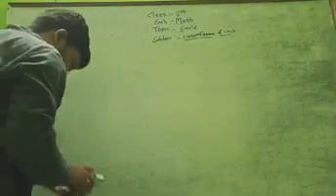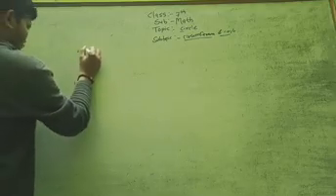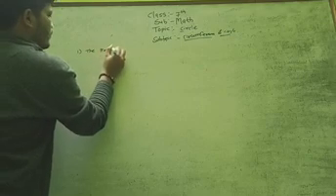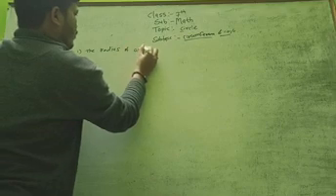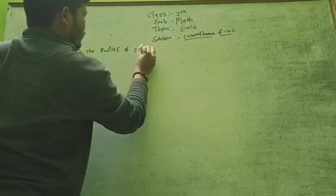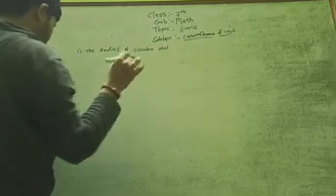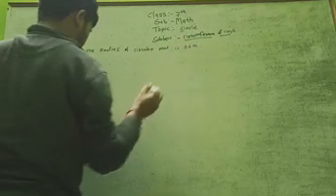Now what is the next problem? The next problem is quite lengthy. The radius of a circular plot is 7.7 meter.